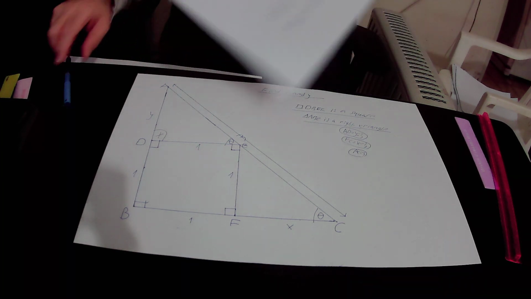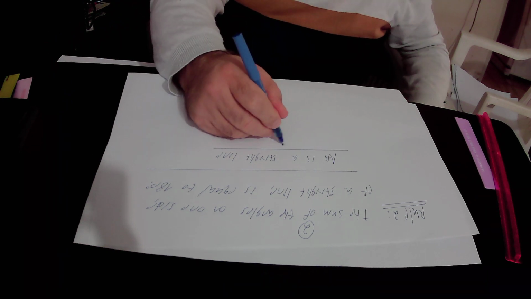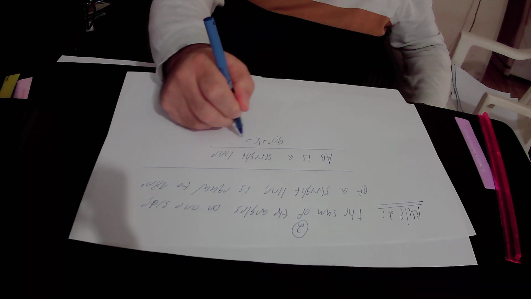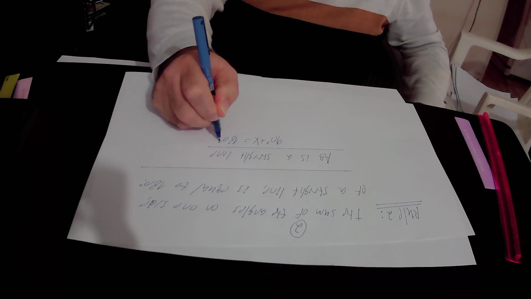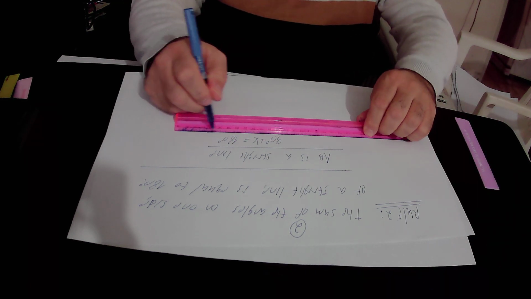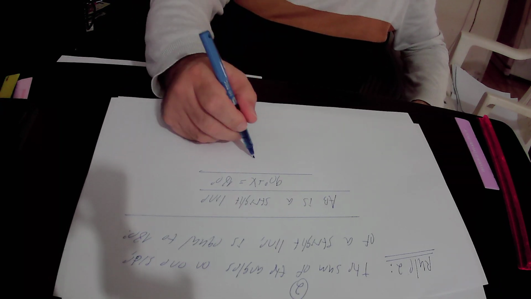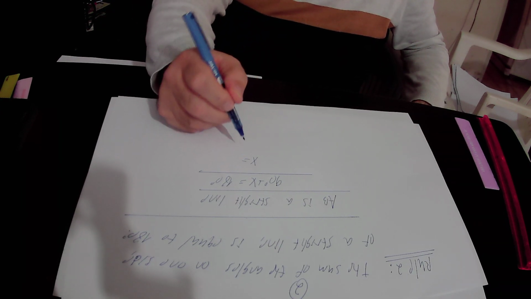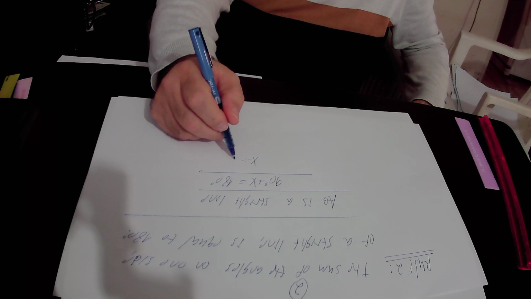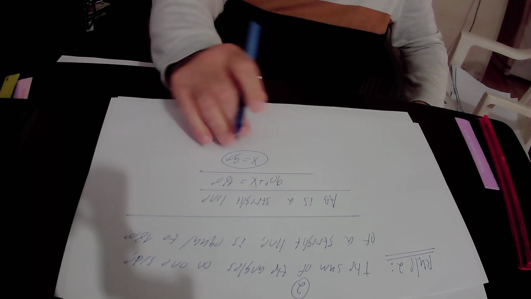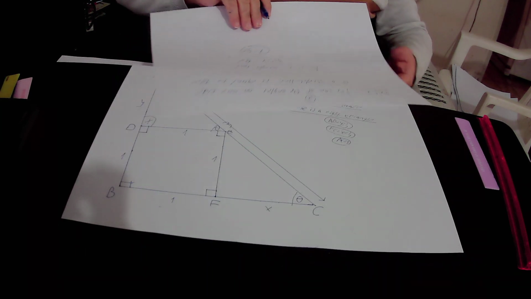So I write it down. 90 degrees plus the size of angle X in total must be equal to 180 degrees. So here we'll subtract 90 degrees from this equation and we'll get that angle X equals 180 degrees minus 90 degrees, which is 90 degrees. So we found out that angle X equals 90 degrees.